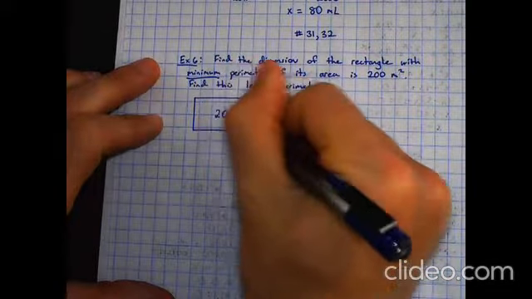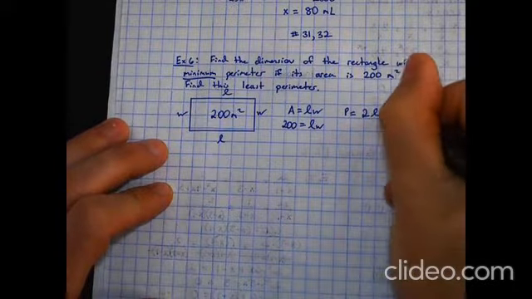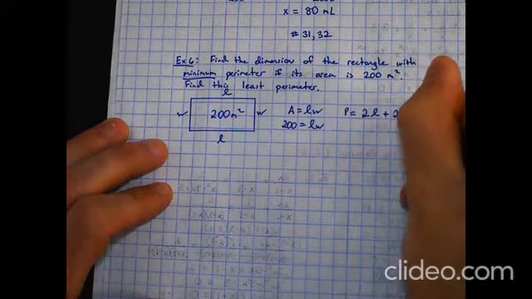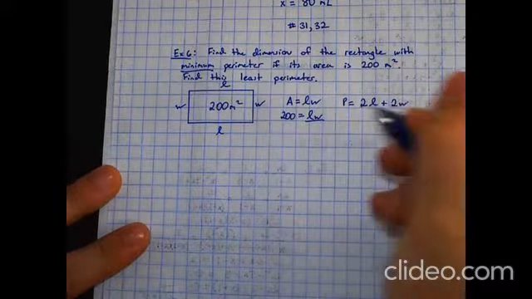We also need to get the perimeter. So let's get the perimeter formula here. That's going to be 2 of these lengths plus 2 of these widths. So 2L plus 2W. And we're going to actually solve for perimeter here. So let me just solve for one of these variables.